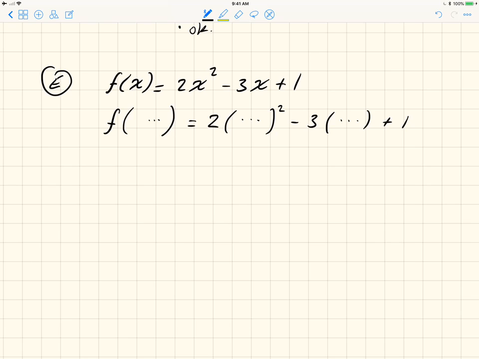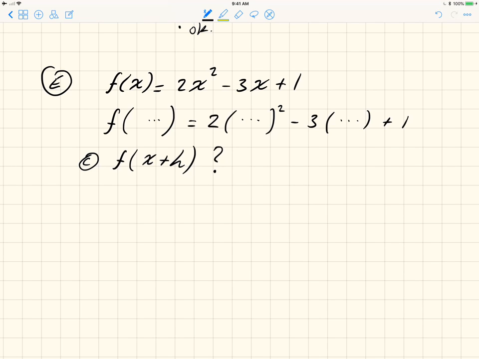So you want to understand what a function does. So I just replace all the x's with dot dot dot within parentheses, okay? So if your question says f of x plus h, that's the question, right?